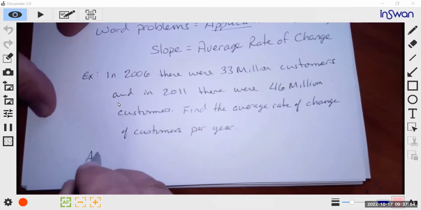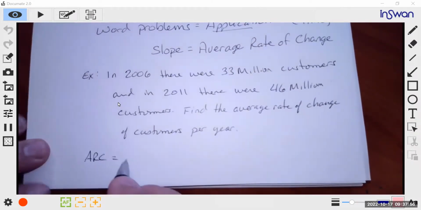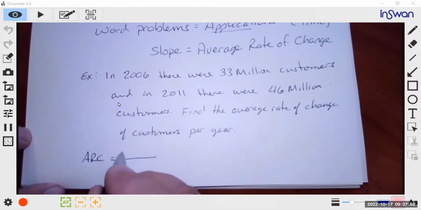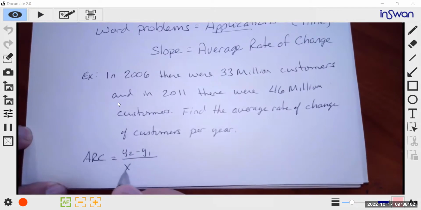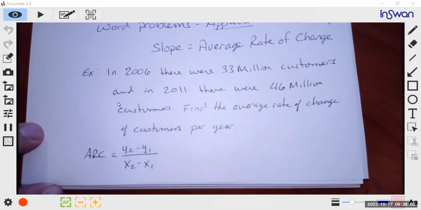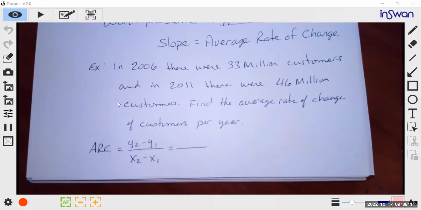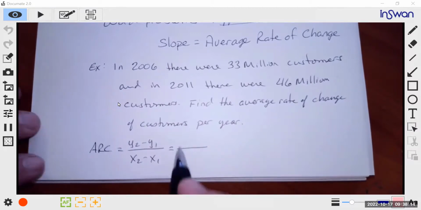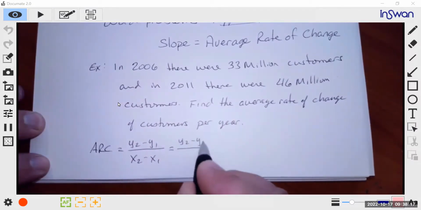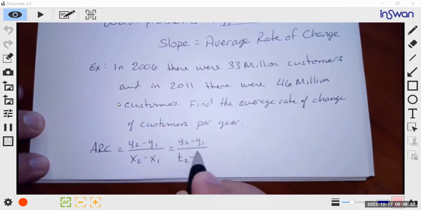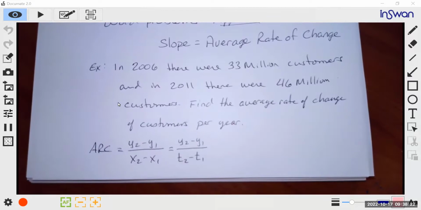So the average rate of change is y2 minus y1 over x2 minus x1. It's the slope. Average rate of change is a slope. But the difference here is instead of x, we use time.